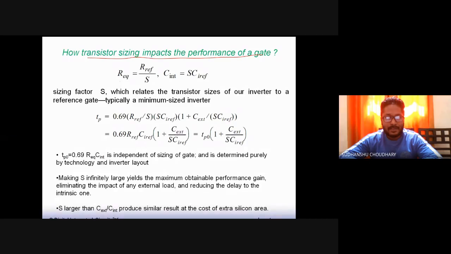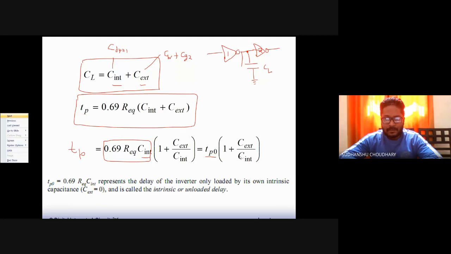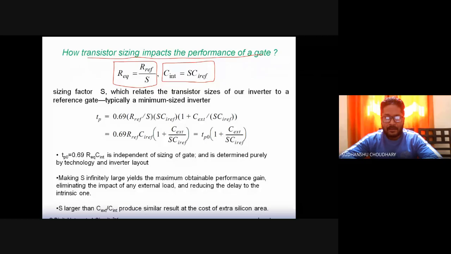So if you increase the size by a factor of S, then the total resistance of a MOSFET reduces by a factor of S, and the intrinsic capacitance increases by a factor of S. So let us replace C intrinsic by S times C IREF, from the reference inverter, that is the intrinsic resistance and intrinsic capacitance of the reference inverter.